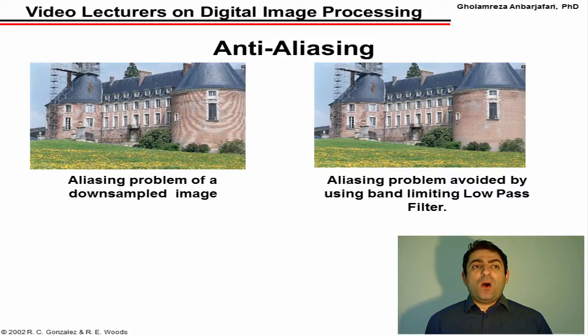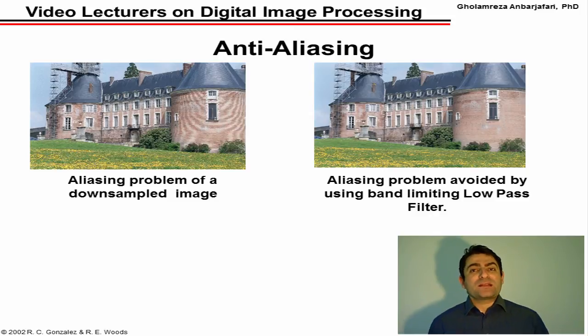Now, let's see how we can solve this spatial aliasing problem. Spatial aliasing can be solved by something called anti-aliasing, and it refers to low-pass filtering.